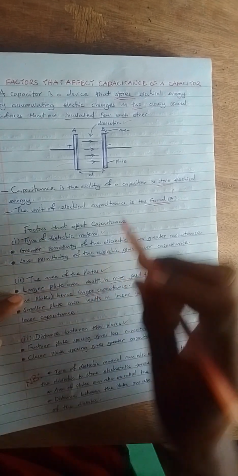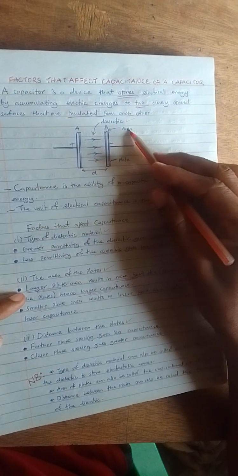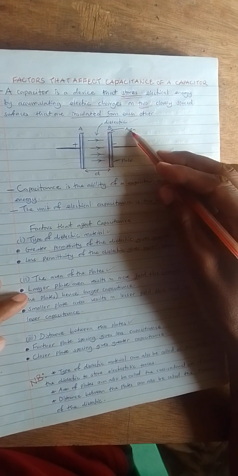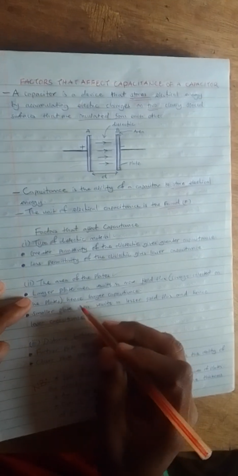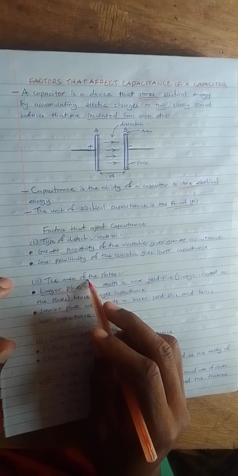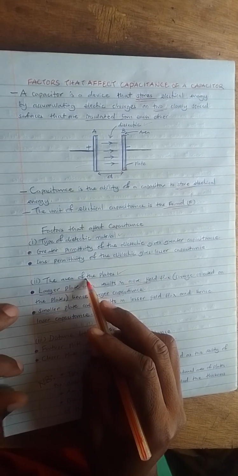The larger the area, the larger the capacitance, while the smaller the area, the smaller the capacitance. In other words, the area of the plates is directly proportional to the capacitance of the capacitor.